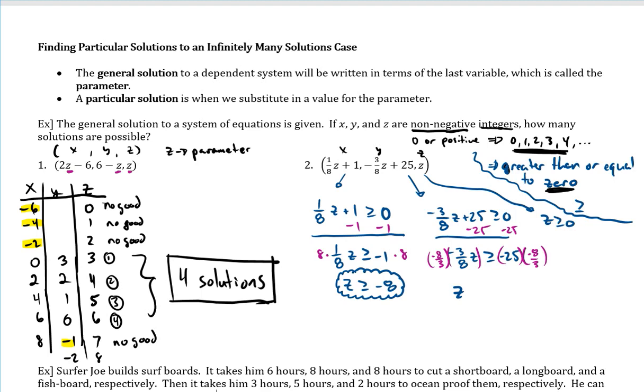When multiplying inequalities by a negative value, we need to switch the way the inequality points. So let's add that rule to the top in case we're doing the inequality method. Okay, so multiplying or dividing an inequality by a negative, we need to switch the way the inequality is pointing.